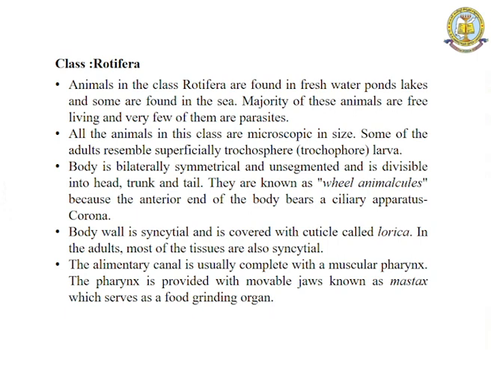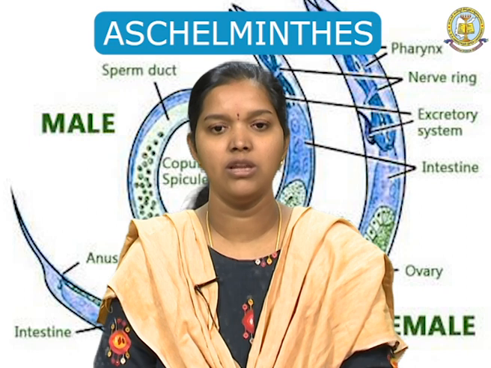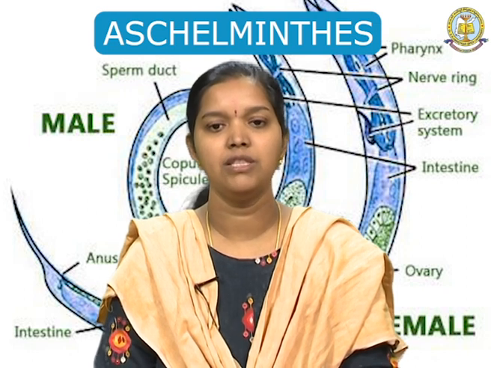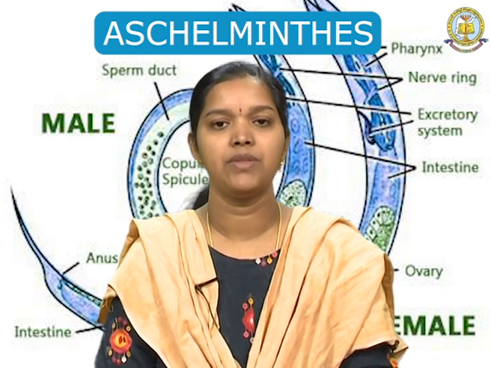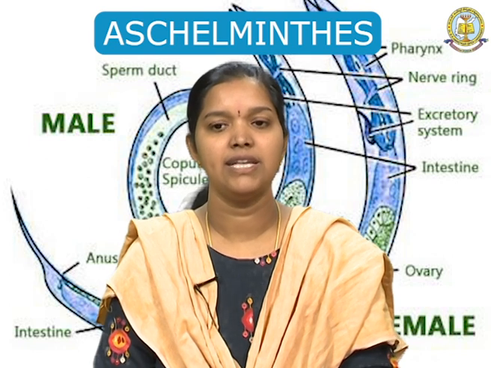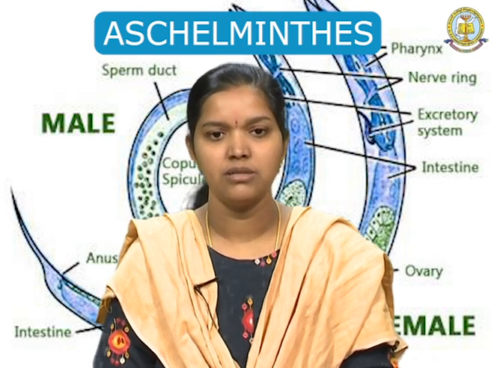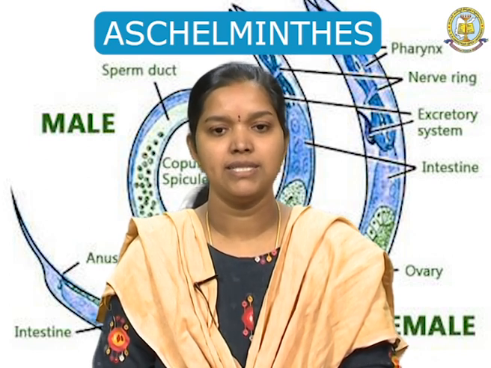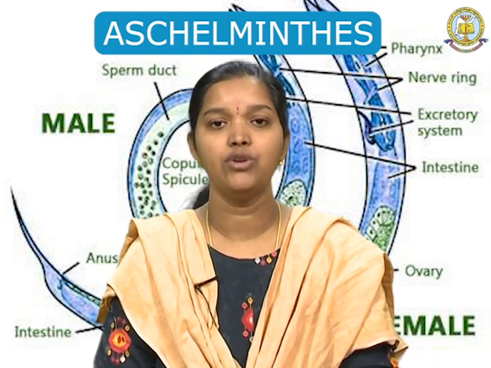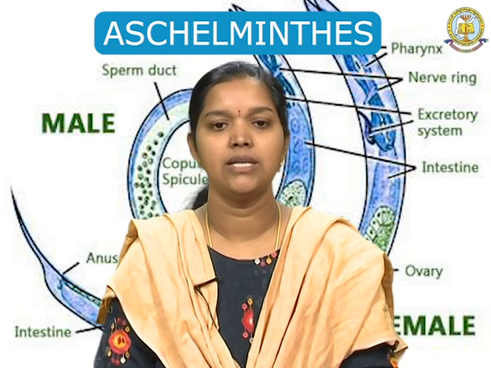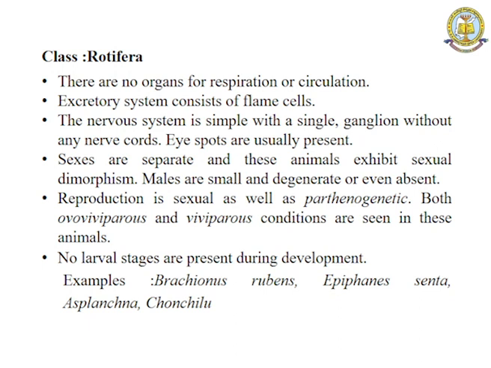In adults most of the tissues are syncytial, and the alimentary canal is usually complete with a muscular pharynx. This pharynx has movable jaws known as mastax, which serve as food grinding organs. There are no organs for respiration and circulation, and the excretory system consists of flame cells.